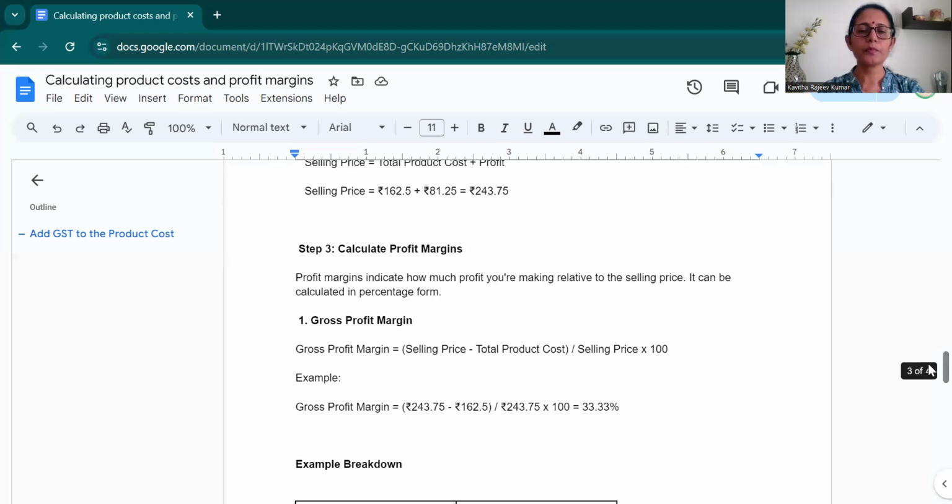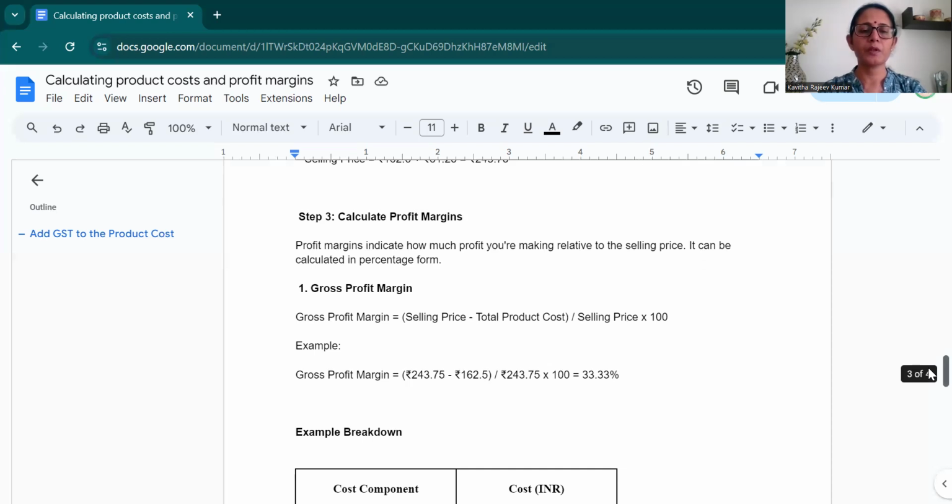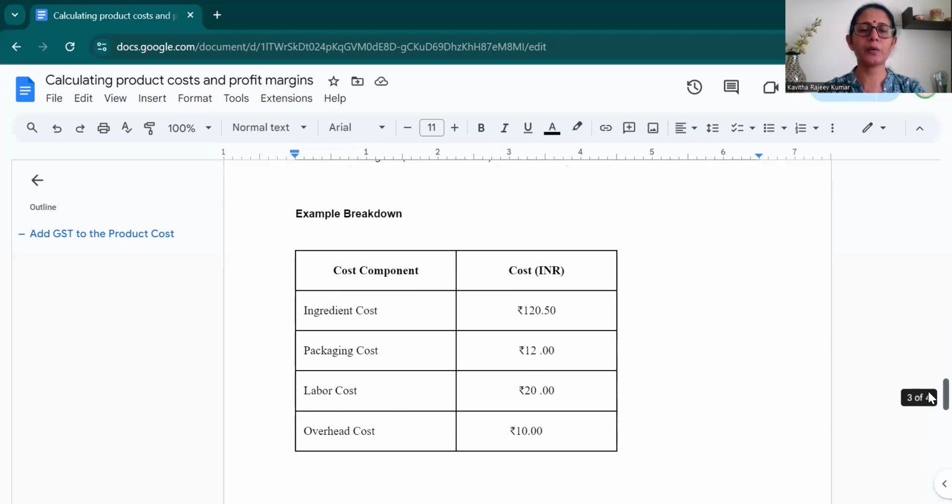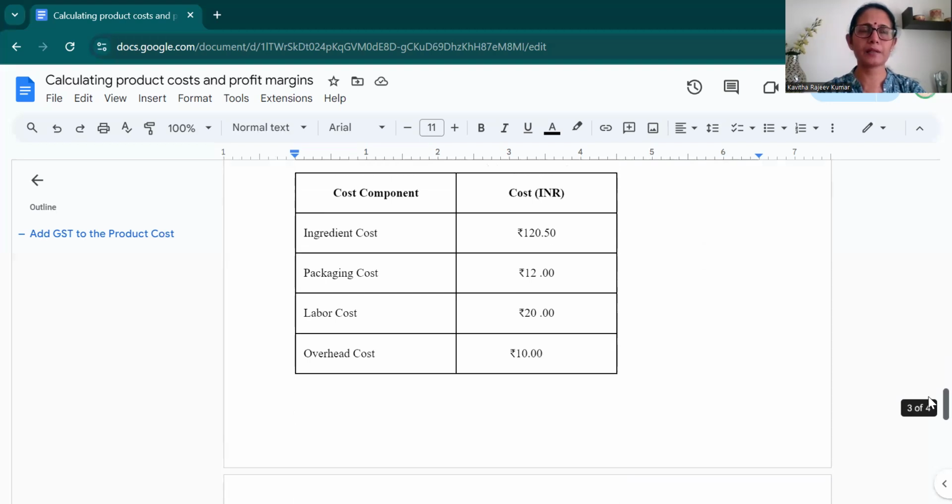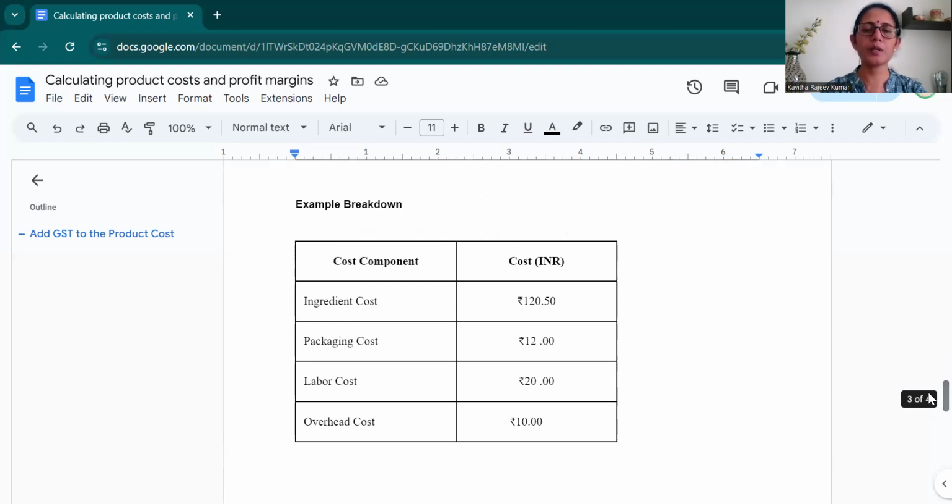So in the previous example, I've given an example here, you can see. That is how you calculate, and you can create a simple Excel sheet for this and keep it, so that once you calculate all the product cost and your profit margin and selling price and all, it will be easy for you to add up and quote your customer, even in case if you are getting a wholesale order or a huge order, you can calculate it accordingly.